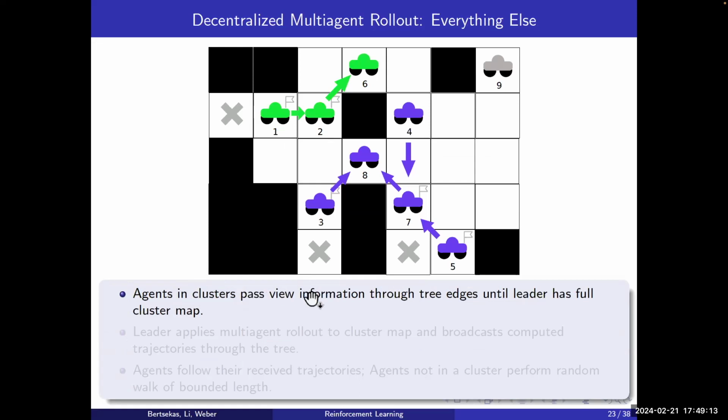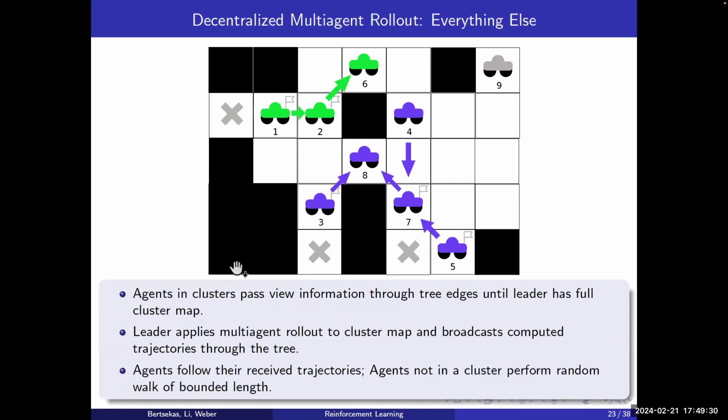Okay. So once these clusters are formed, this is basically the rest of the algorithm. Agents in these clusters will pass their view information through these tree edges, and they will aggregate a complete map of the cluster at the leader, in this case 8 and 6. And then the leader applies multi-agent rollout to the cluster map, and then broadcasts these trajectories throughout the tree. Then agents follow these trajectories, and agents not in a cluster will perform a random walk.